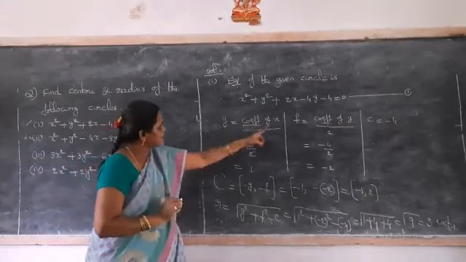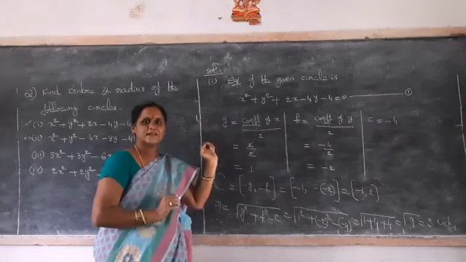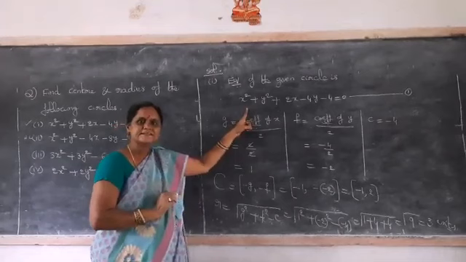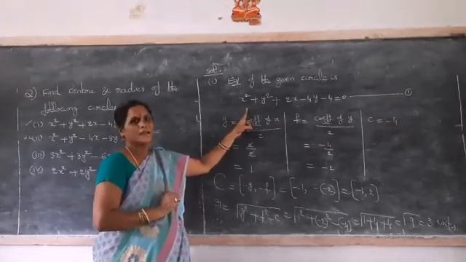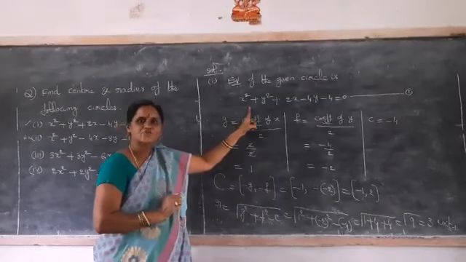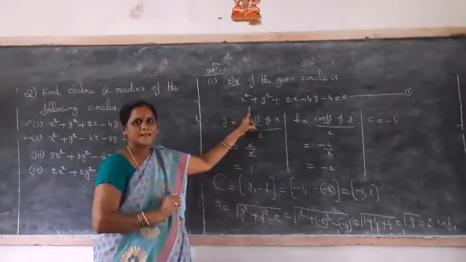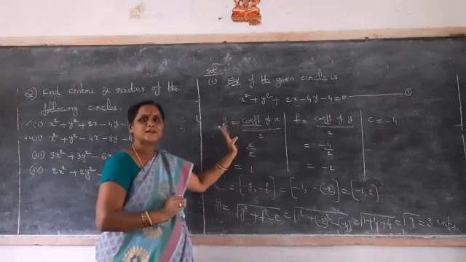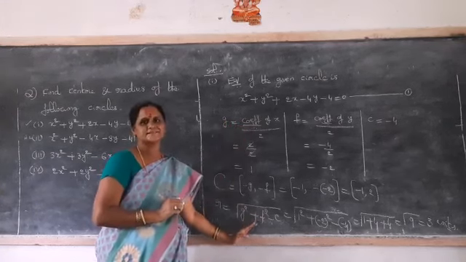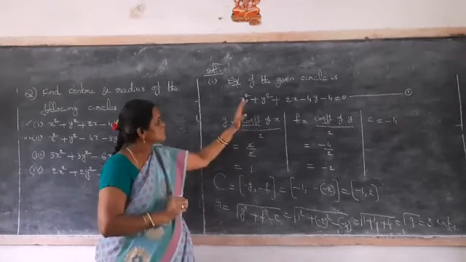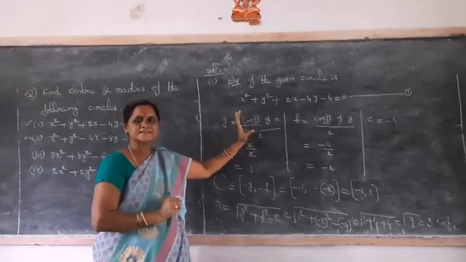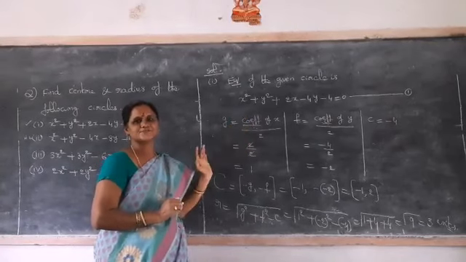When you are finding G, F and C, you have to see that whether equation 1 is in standard form or not. మనం GFC ను కనుక్కునేటప్పుడు ఈక్వేషన్ 1 స్టాండర్డ్ ఫామ్ లో ఉందా లేదా అనేది చూడాలి. అంతేకాని ఇది స్టాండర్డ్ ఫామ్ లో లేకపోయినా మీరు GFC ను కనుక్కున్నారు అంటే అన్నీ కూడా రాంగ్ ఆన్సర్స్ వస్తాయి. దట్ ఈస్ యూ హ్యావ్ టు టేక్ దిస్ ప్రికాషన్. దీన్ని మీరు ఒక హెచ్చరిక లాగా తీసుకునేసి జాగ్రత్తగా చేసుకుంటూ వెళ్ళాలి.